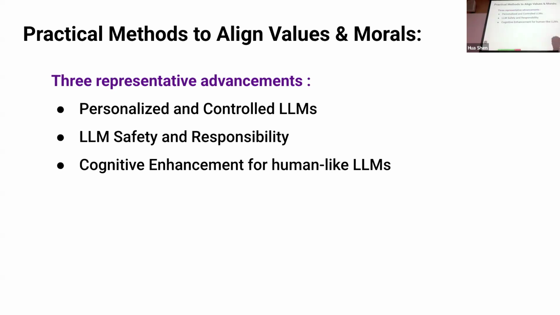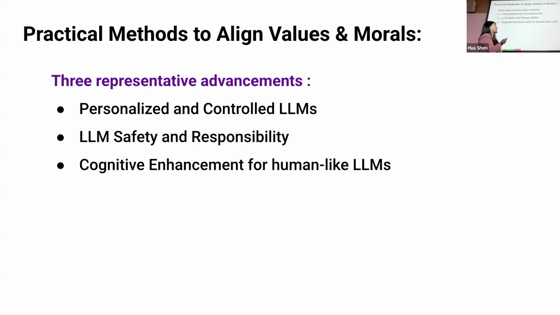The second one is about achieving LM safety and responsibility. If we need to achieve safety and responsibility for AI, we have to consider their ethical values and even their morality.